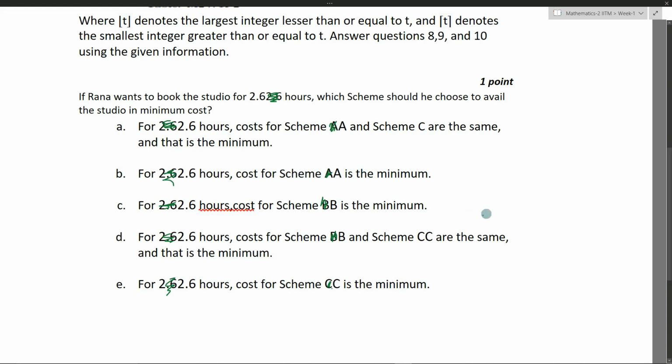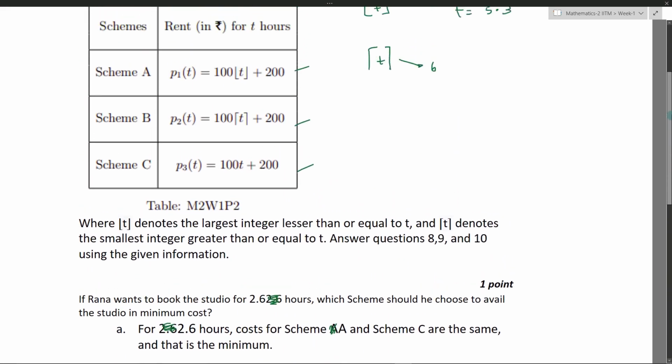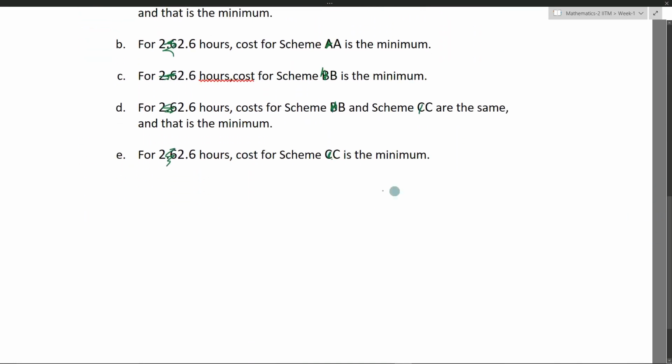I'll have to substitute t equal to 2.6 in all of these. So P1 of 2.6 is equal to 100 times floor of 2.6 plus 200. For 2.6, the largest smaller integer is 2, so 100 times 2 plus 200 is equal to 400.